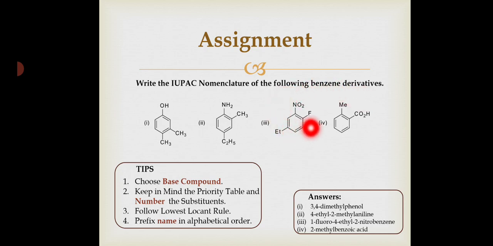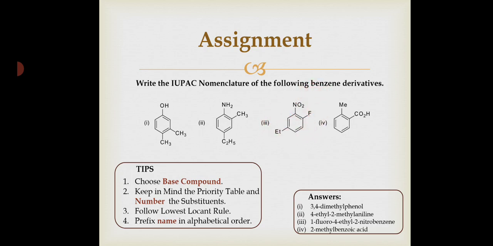Okay, the name of this compound, it's written wrong here. The name of the compound will be 4-ethyl, E comes before F: A, B, C, D, E, F. So the name of this compound is 4-ethyl-1-fluoro-2-nitrobenzene.